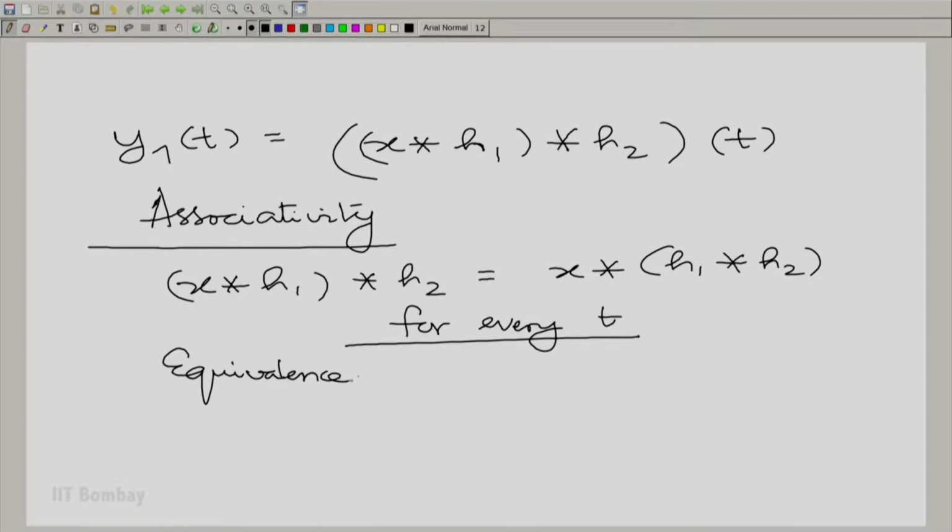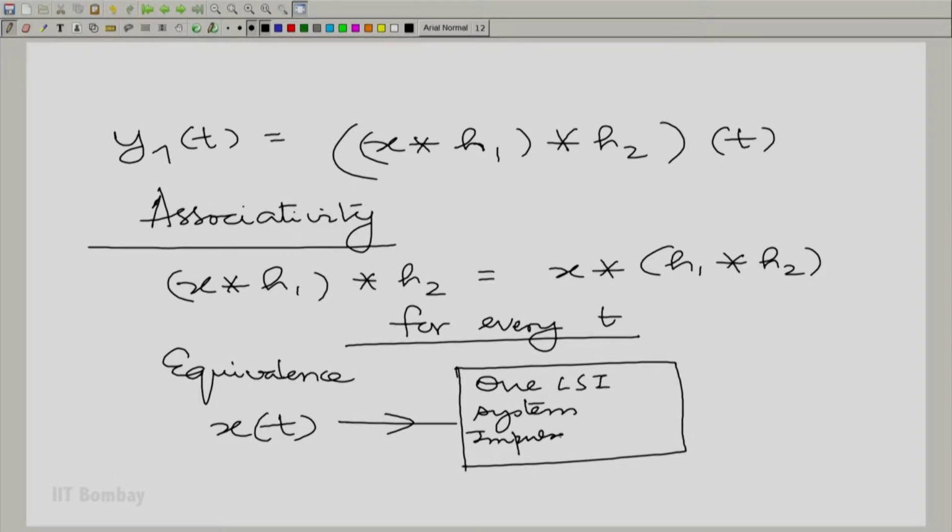So, we are saying that instead of keeping two separate systems, you could put x(t) into one LSI system with impulse response h1 convolved with h2, and you would get the same output y1. So, essentially associativity tells us that you could replace a cascade of the first two systems by one system with impulse response given by the convolution of the two.